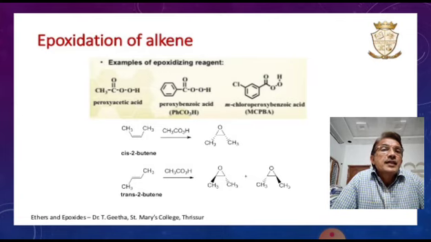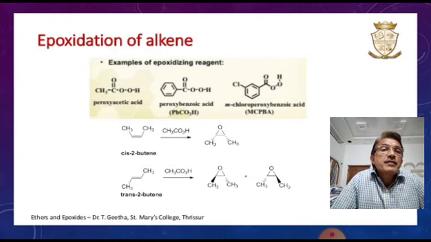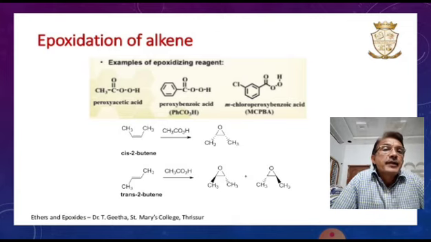Epoxidation of alkene. Examples of epoxidation. Here, peroxyacetic acid is taken for example. Peroxybenzoic acid treated with chlorine gives metachloroperoxybenzoic acid.